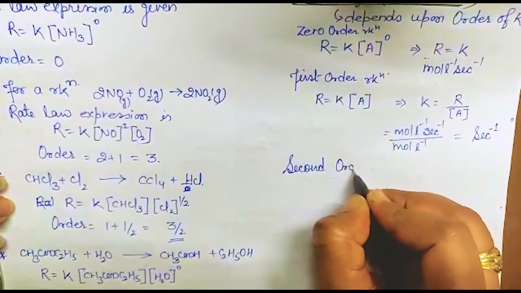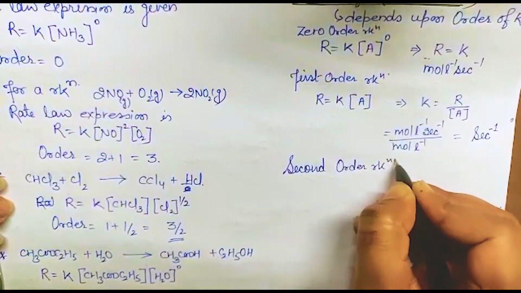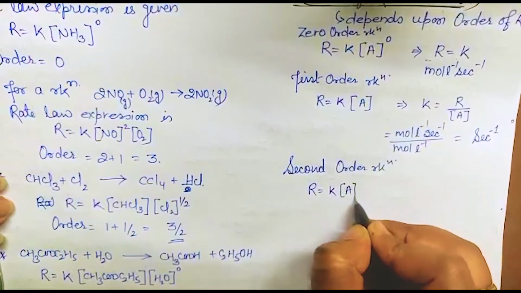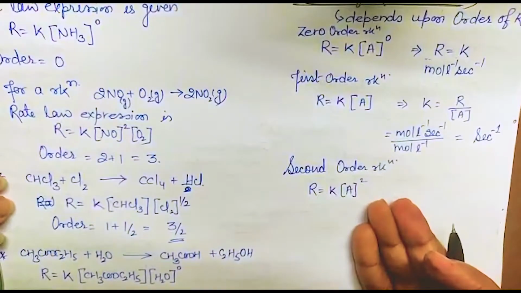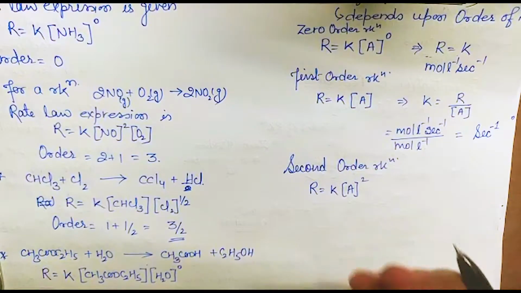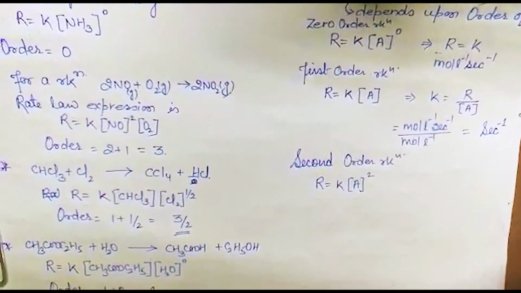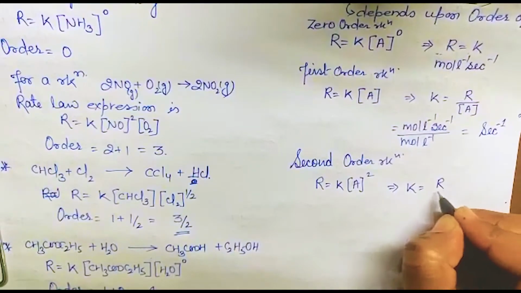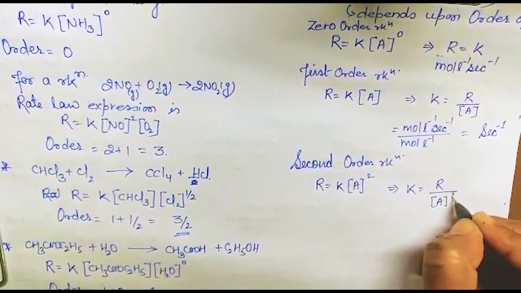Second order reaction. So for the second order reaction, can we write like this? A power 2, maybe of two different components, two different reactants, but anyhow we have to write the unit of concentration. So either it is A or B, it will be the same, isn't it? So K will be R upon A squared.